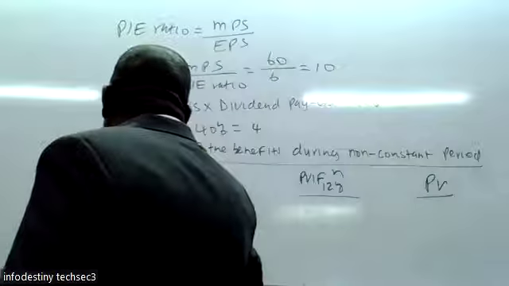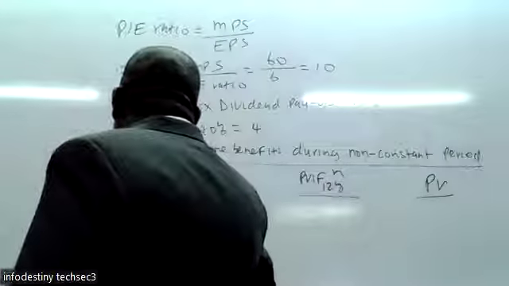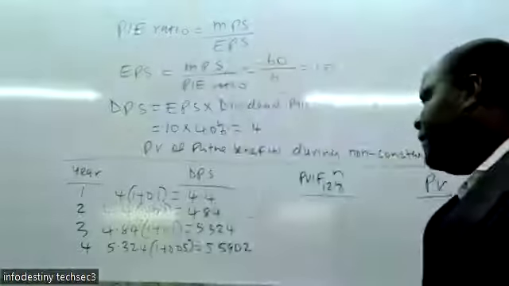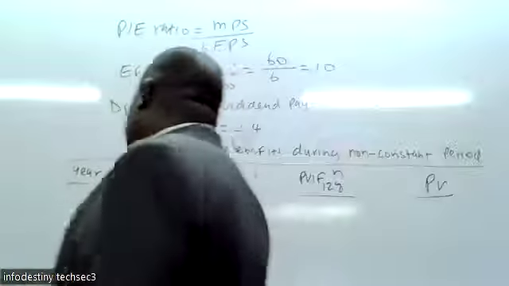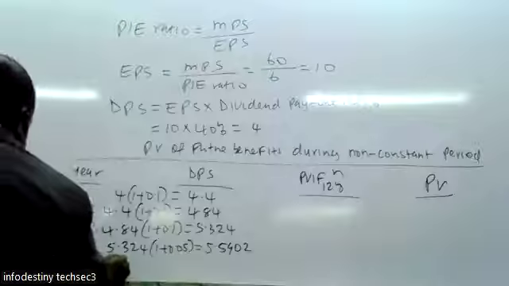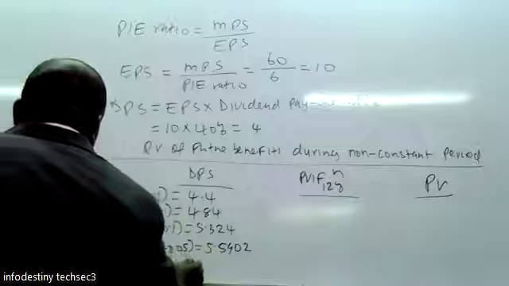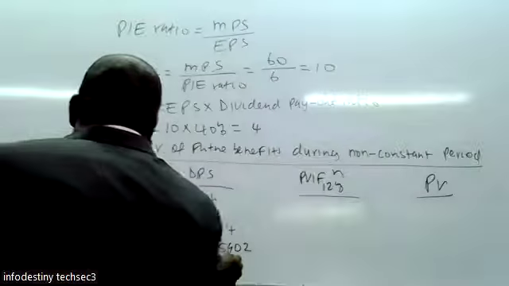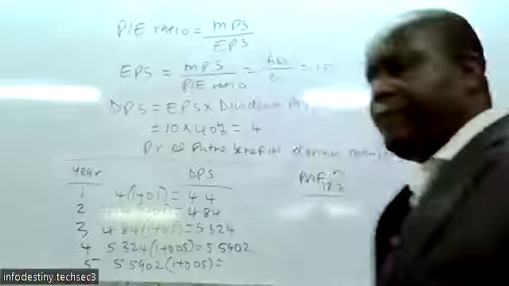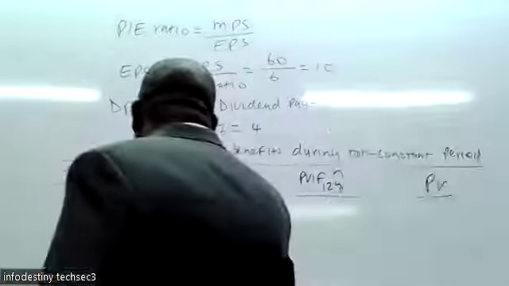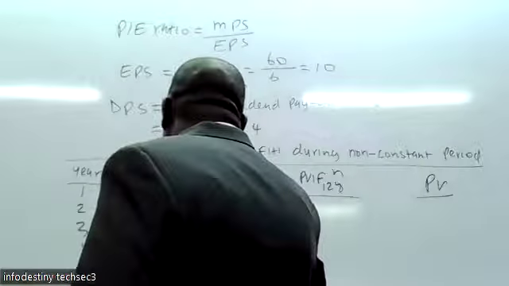So 5.592, and also year 5, this one should be reaching 5.8697.